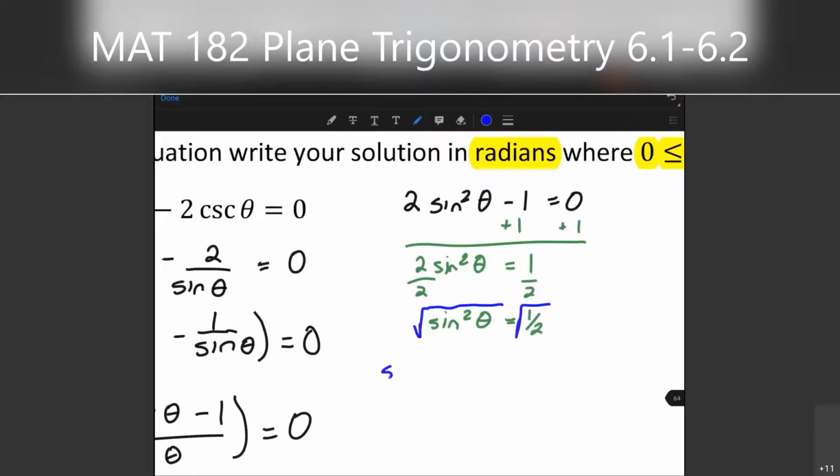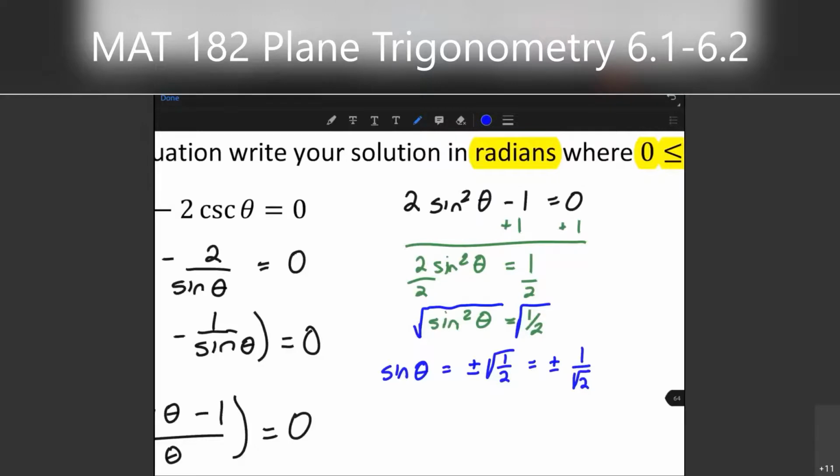So we get sine of theta is equal to, here we'll have a plus and minus, and we'll have the square root of 1/2. If we considered how this would actually rationalize, we've seen this fraction before. A couple ways we could rewrite that is plus or minus 1 over root 2.